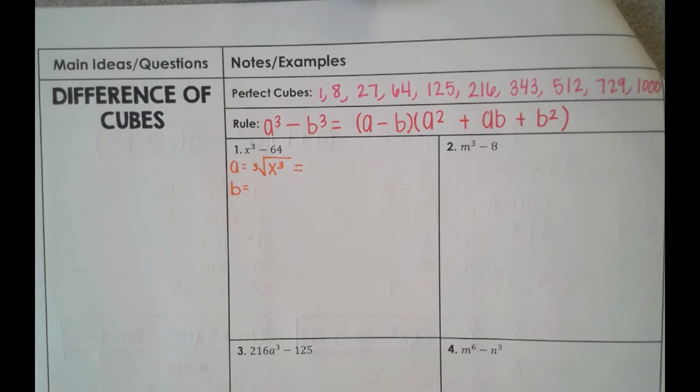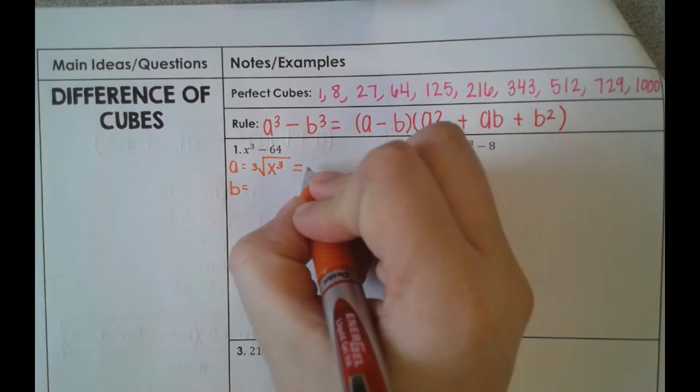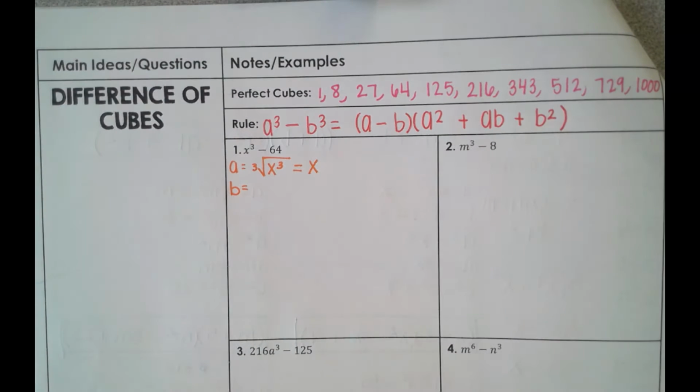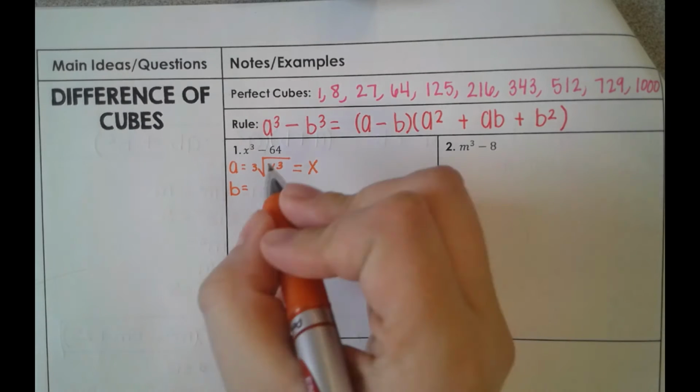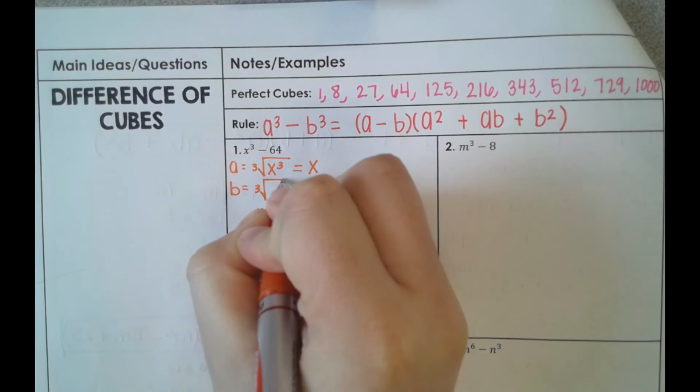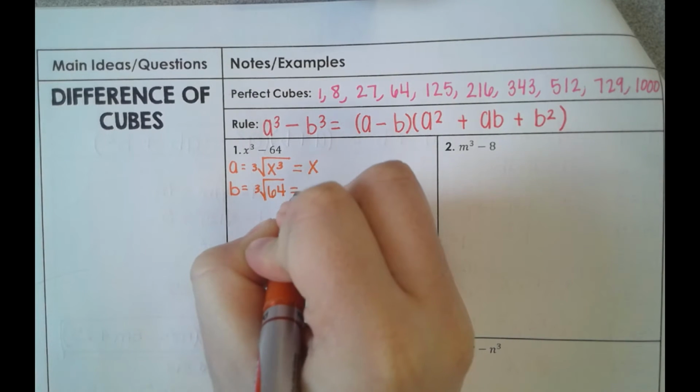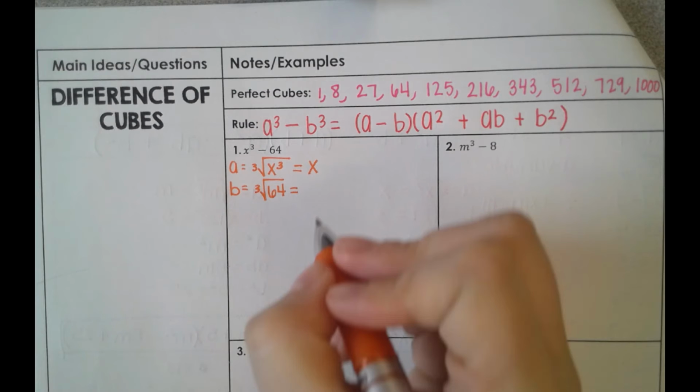You wrote that in your notes yesterday, but remember, you divide by 3. So this would be x to the first power, because 3 divided by 3 is 1. But when we have an exponent of 1, we really don't write that. Just x. And then for our b, we take the cube root of 64, which is what? 4. Very good.